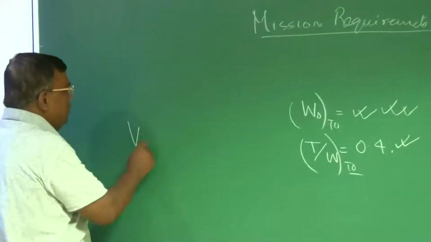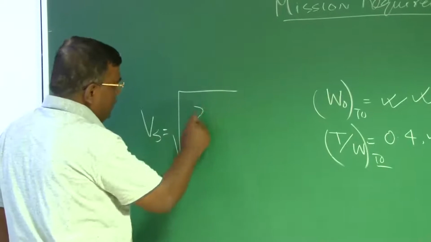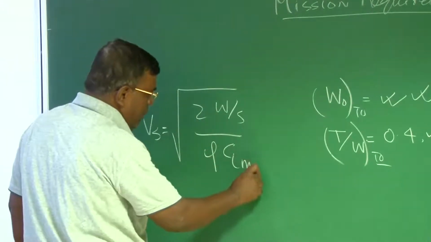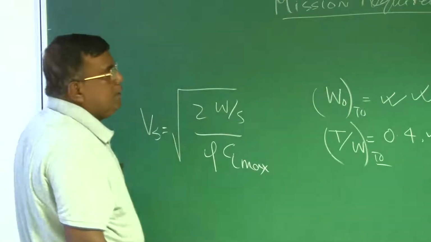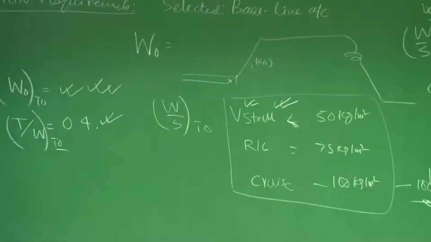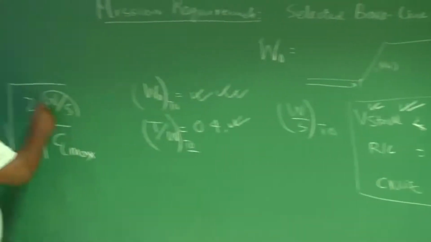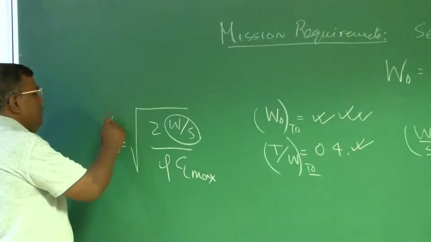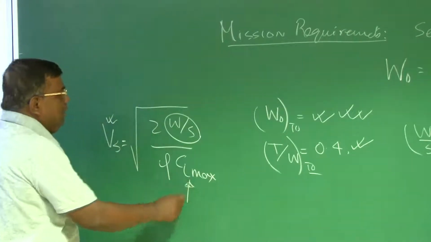That means the V stall, which is under root 2W by S by rho CL max, this condition of 50 kg per meter square was arrived with W by S 50 kg per meter square, and V stall you got for a particular value of CL max.